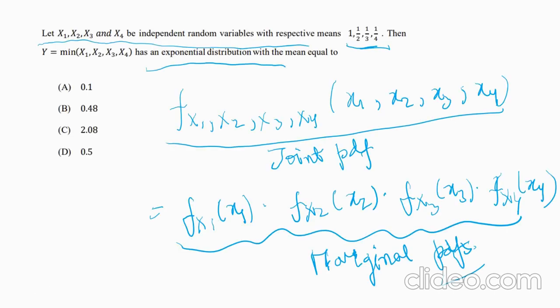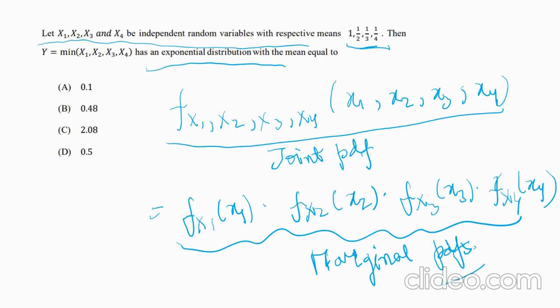Now, if you try to remember, when xi follows an exponential distribution with parameter lambda, then the expectation or mean of the distribution is 1/lambda_i.